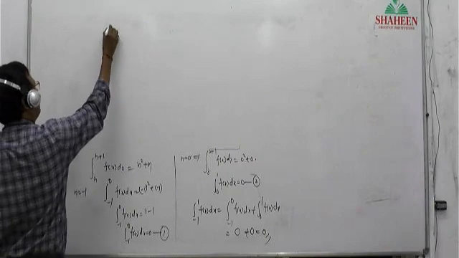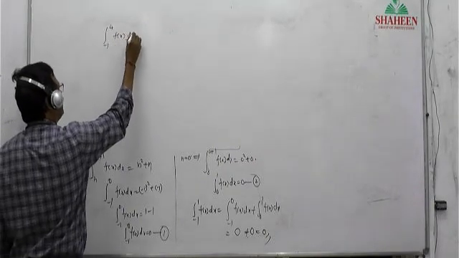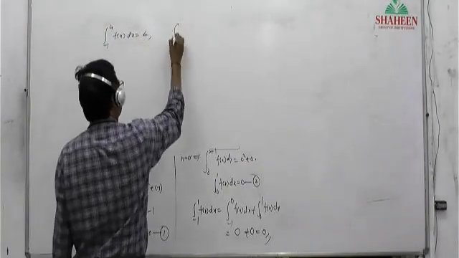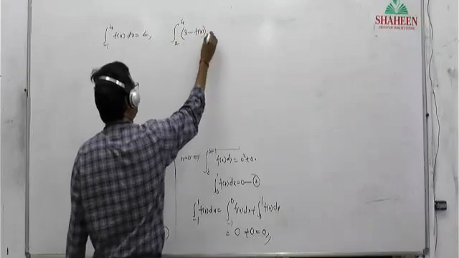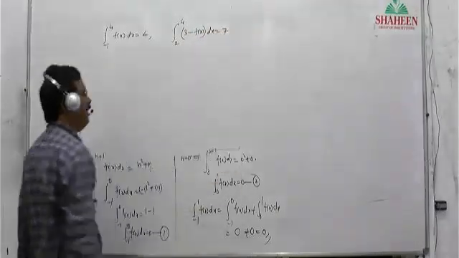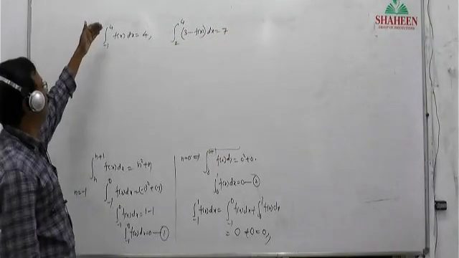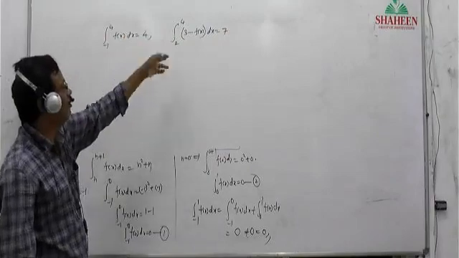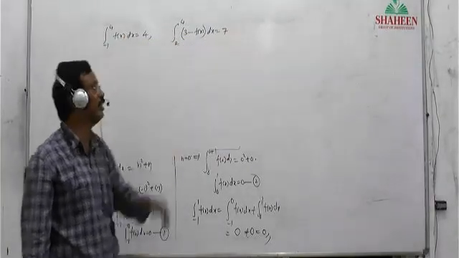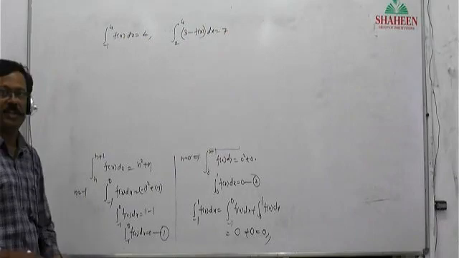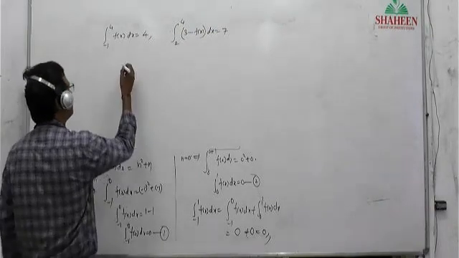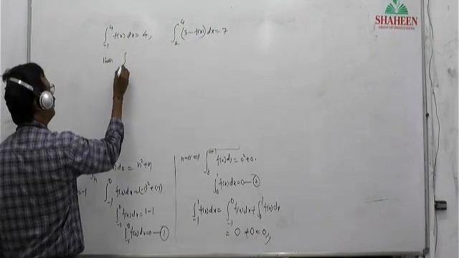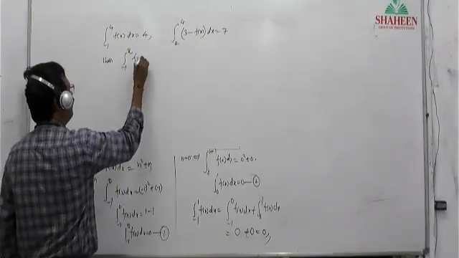The integral from minus 1 to 4 of f(x) dx is 4, given, and the integral from 2 to 4 of (3 minus f(x)) dx, they have given this integral is 7. Then they are asking, what is the integral from minus 1 to 2 of f(x) dx?